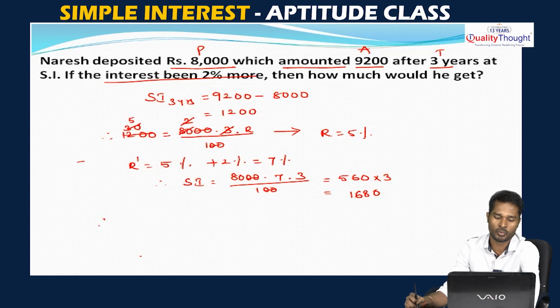Now, what is the amount he will get? That is the answer. The total amount is the principal amount 8,000 plus the simple interest of 1680 at 7% rate of interest.